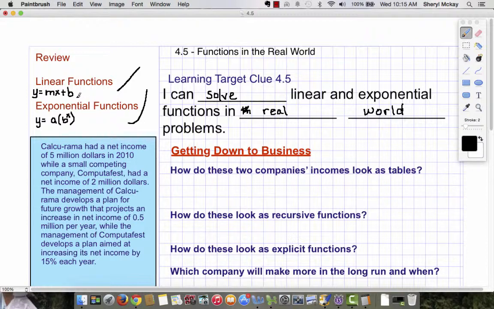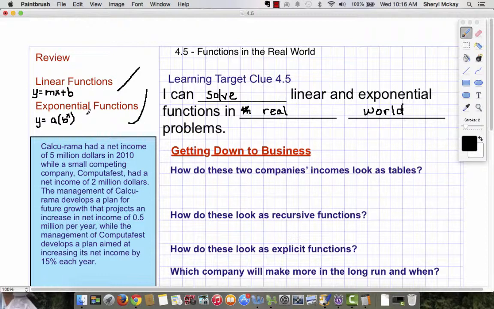So we also have learned that each of these functions has a way that it's changing, using a rate of change. Linear functions have slope, and that represents equal differences over equal intervals. And so that's a steady increase. It just goes up steadily or comes down steadily, but it's very steady. Exponential functions, on the other hand, their rate of change is called a change factor, and that means equal factors over equal differences.